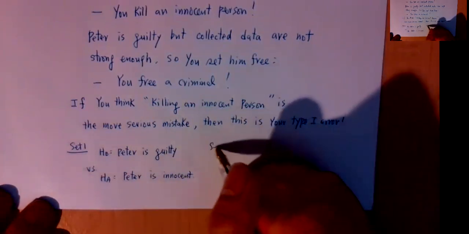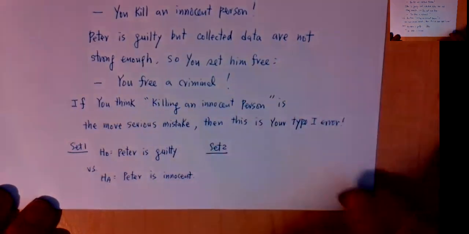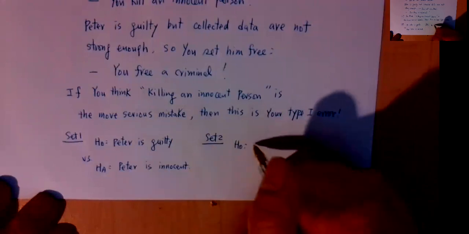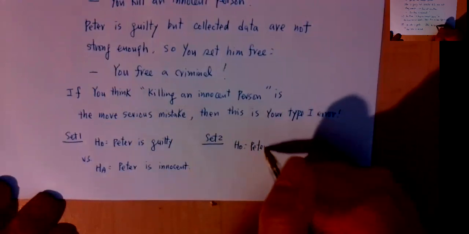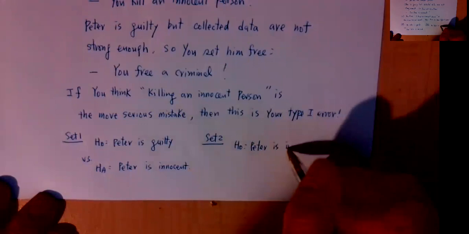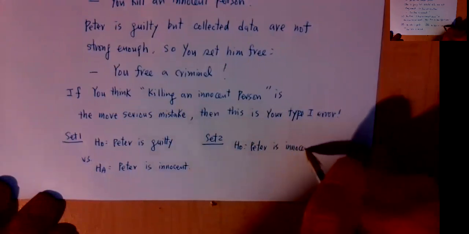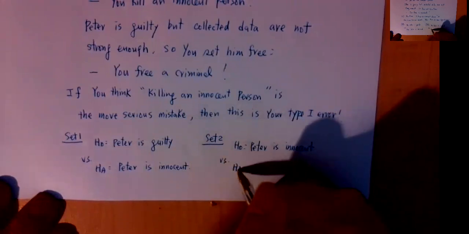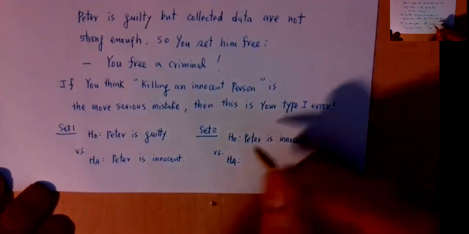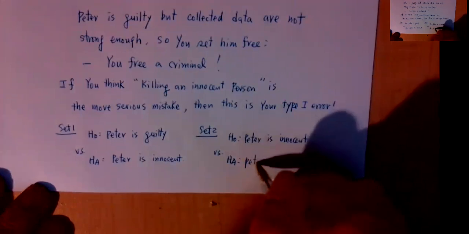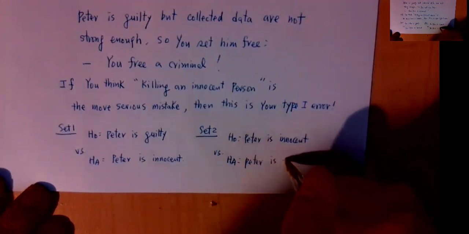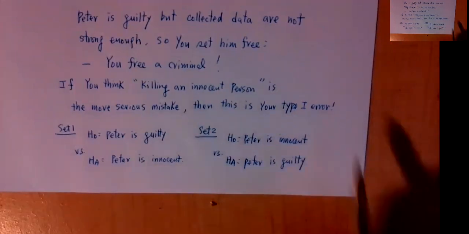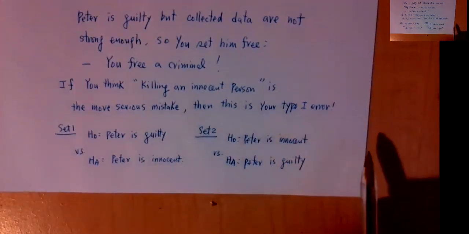And the second set: H naught, Peter is innocent, against HA, Peter is guilty. Which set should you use to test the hypothesis?